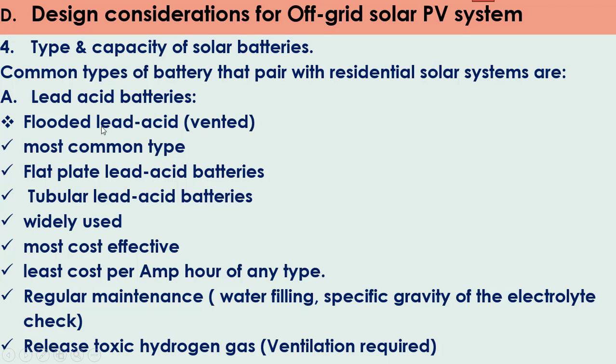This is, of course, the most common type: flat plate lead acid batteries, or this type, and another type, tubular lead acid batteries. Also, as we know, this is more widely used in off-grid systems, and most affordable. Their cost is less compared with other types, and they also represent the least cost per ampere hour of any other type of batteries.